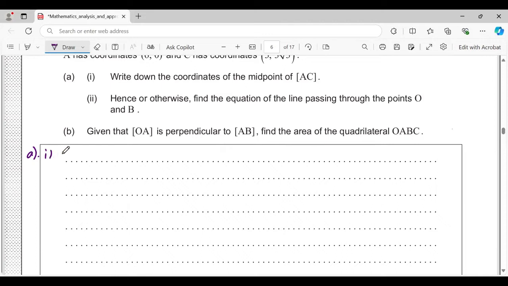Part 1. The coordinate point C is 3 and 3 square root 3, while coordinate point A is 6, 0.